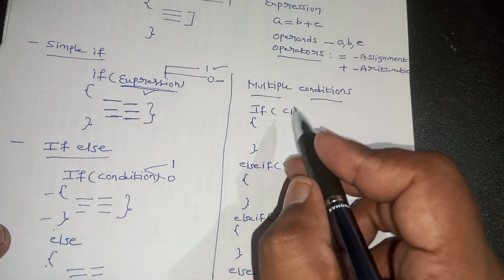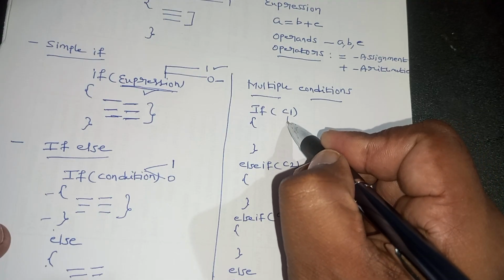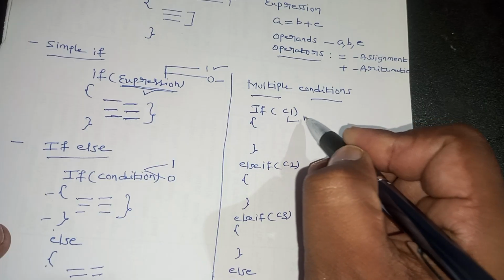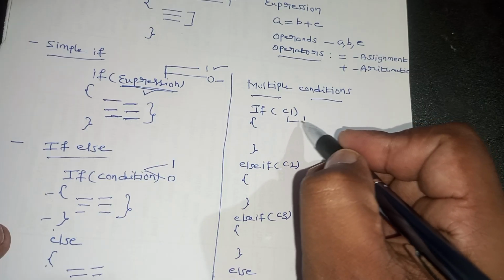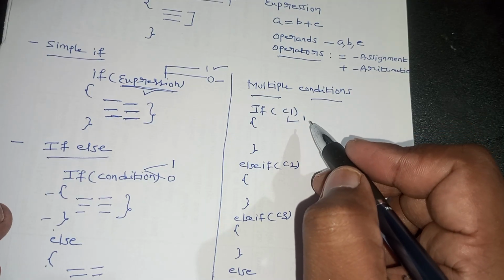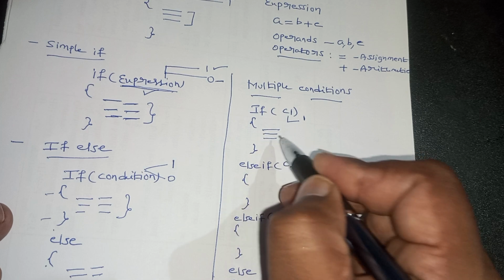Now if the condition is true, what will be the value? Condition is true, 1. 1 means true. If it is 1, it means true. 1 is the same as true. Then you have to execute the statements in the if block.